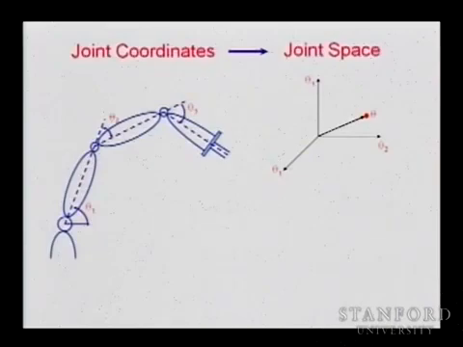So we call this the joint space or the configuration space. And this space plays a very important role in motion planning. We talk about configuration space, and we talk about planning motions in configuration space, so planning the motion of theta.